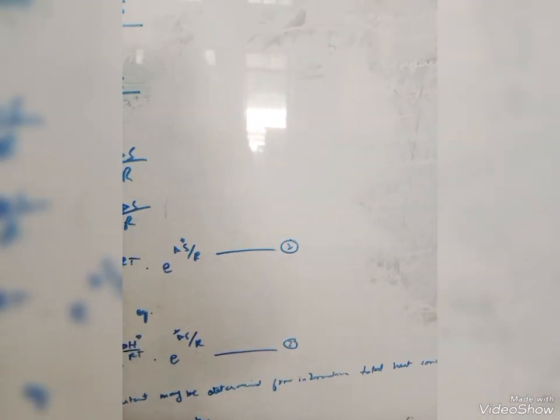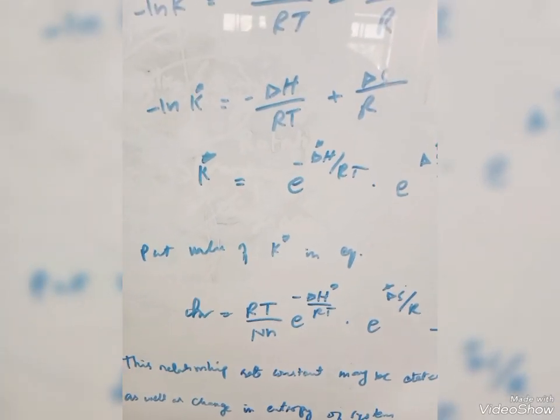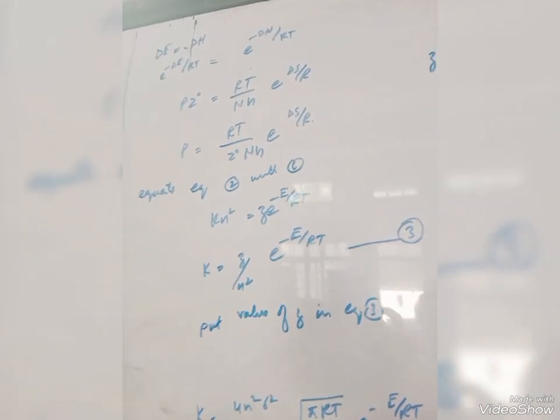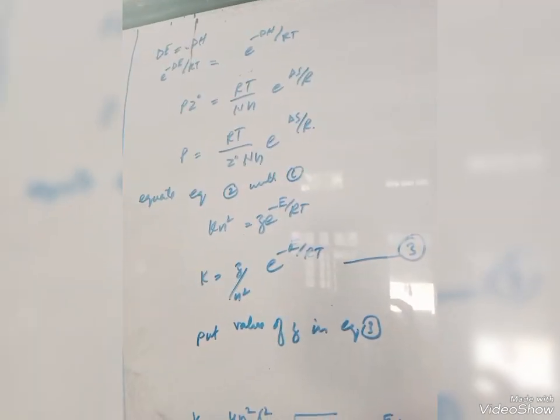The rate constant will be k equal to RT divided by Nh times e to the power of these terms. When delta E equals delta H, then the exponential powers are equal.